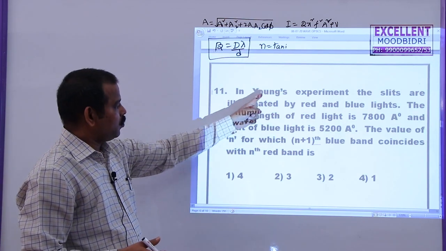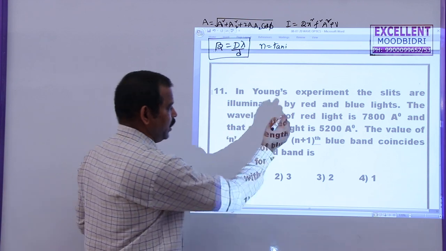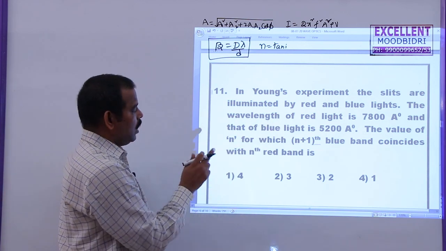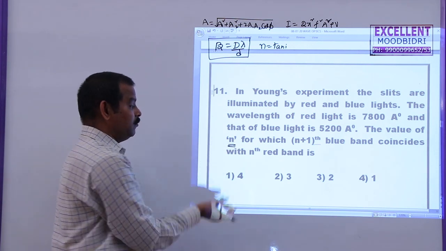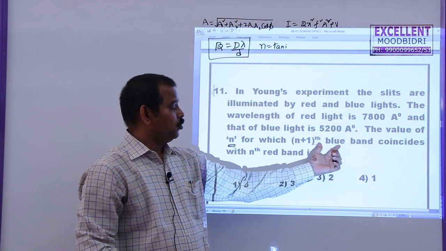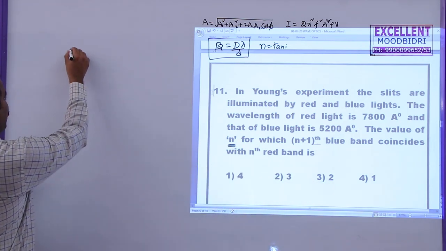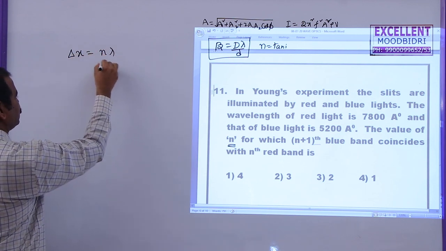11th one. In Young's experiment, the slits are illuminated by red as well as blue lights. The wavelength of red light is 7800 and that of blue light is 5200 angstroms. Find the value of n for which the n plus 1th blue band coincides with the nth bright band. For this to happen, the path difference should be equal to n lambda or n plus 1 lambda.